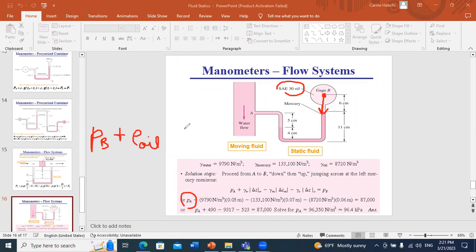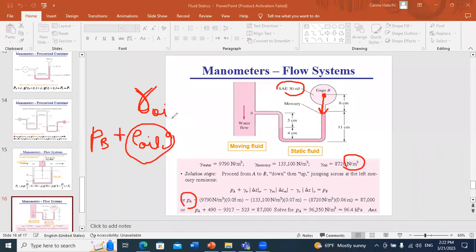times g. Rho times g is symbolized in fluid books by gamma oil. You can find this value gamma in books. The unit for it is Newton per meter cubed.